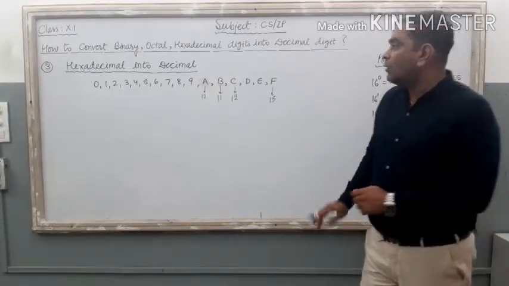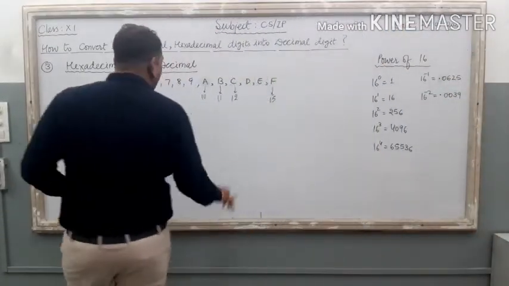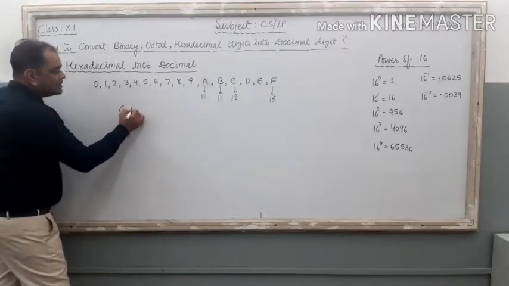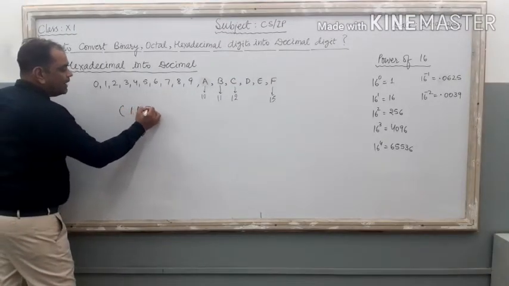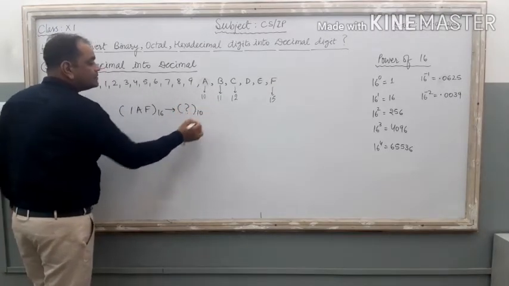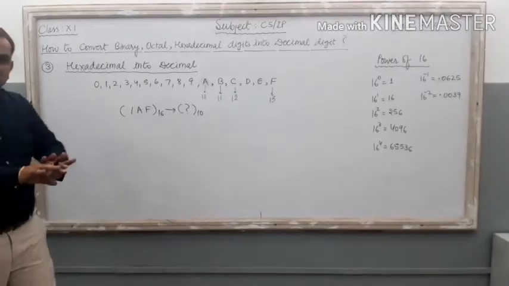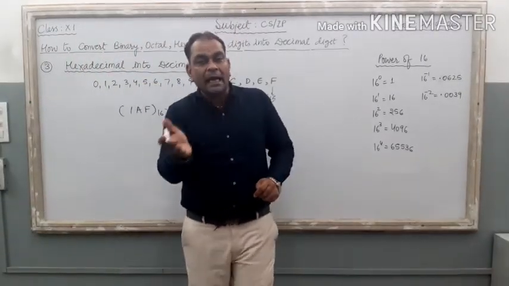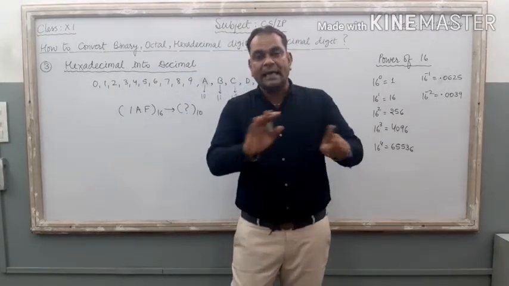Clear? Now, let's take an example to convert a hexadecimal value. Suppose a hexadecimal value 1AF, and we have to convert it into its decimal equivalent. The process is the same, students. If we want to convert binary into decimal, the same method.